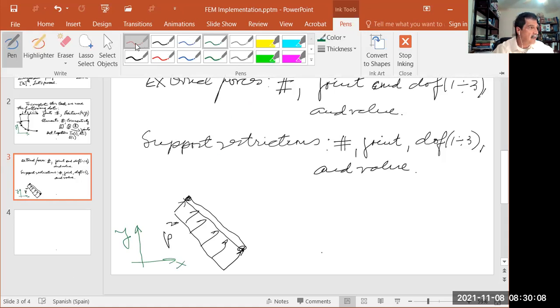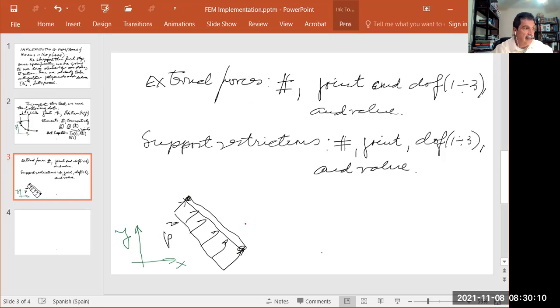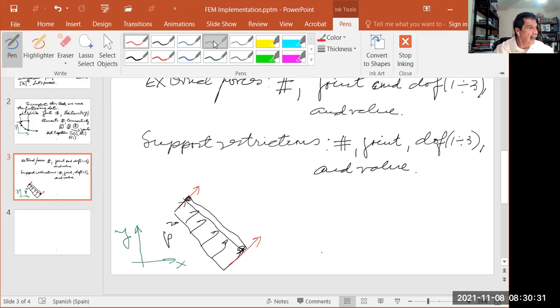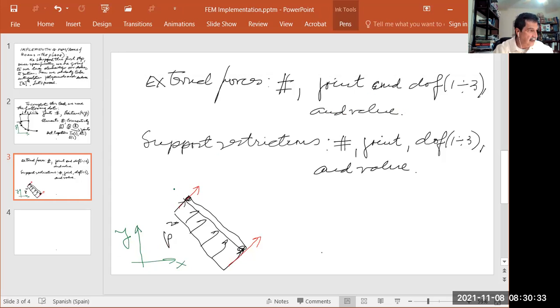First, we have to take these forces and convert them into these concentrated forces. But then this value we have to specify in this reference system. So what we have to do next is take these components and express them in this reference system.